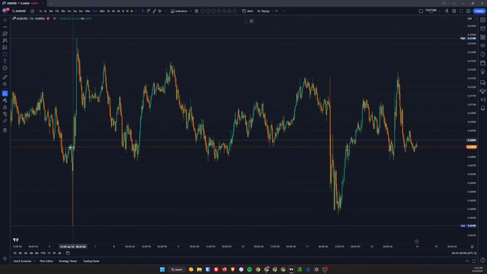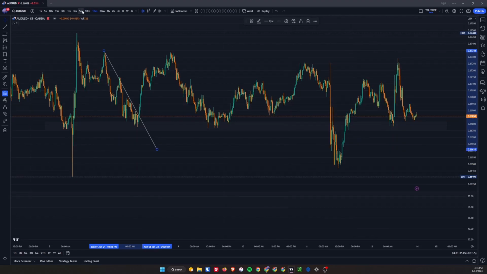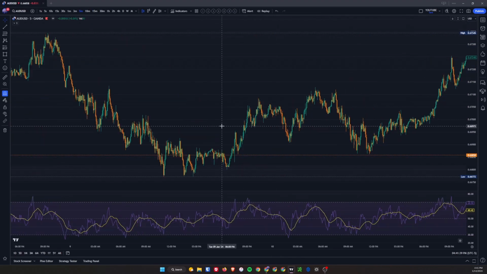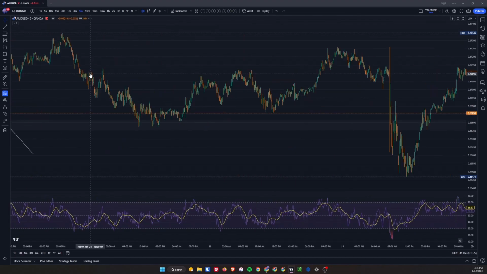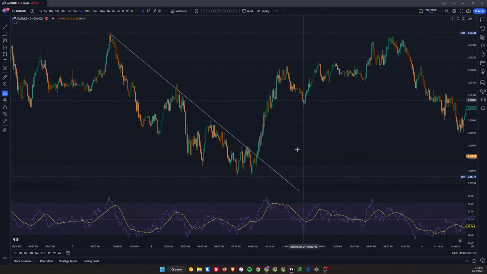If I were really to trade this, I would also use support and maybe a trend line break and maybe RSI divergence, which I can go through in another video. But I would use multiple different concepts and incorporate them together, because the more confluences you have, the greater the probability you're going to be right.